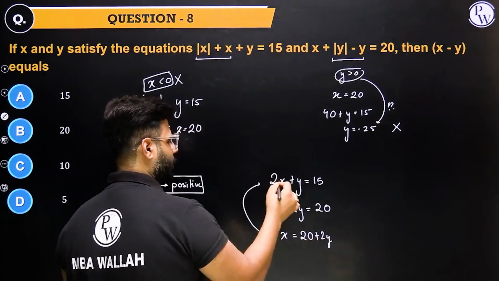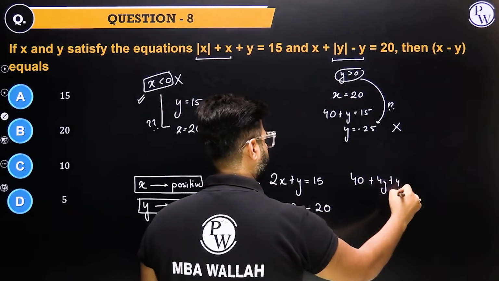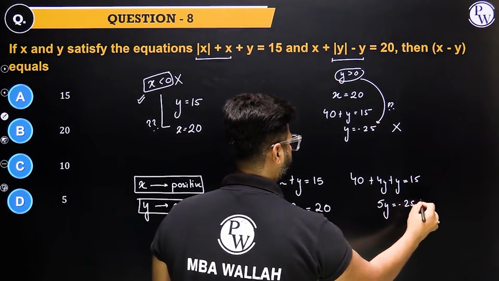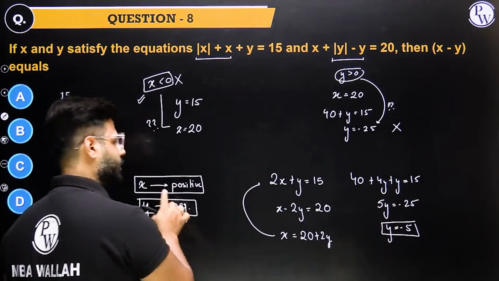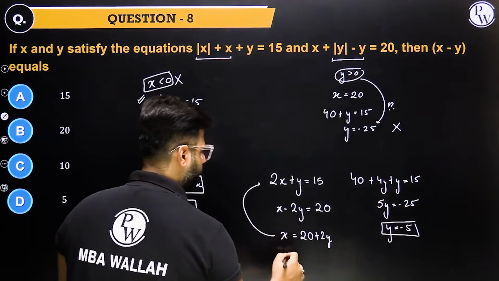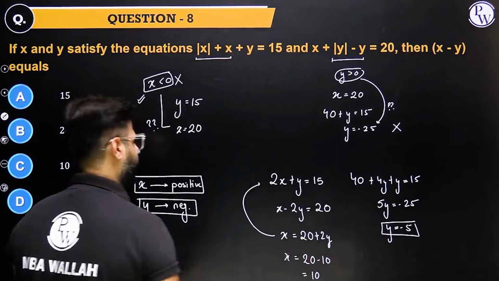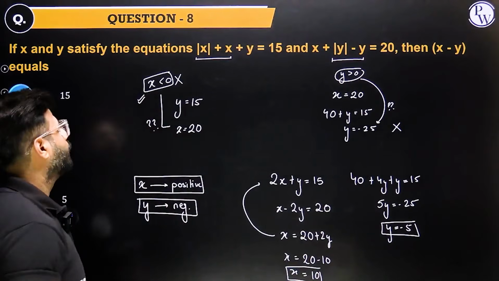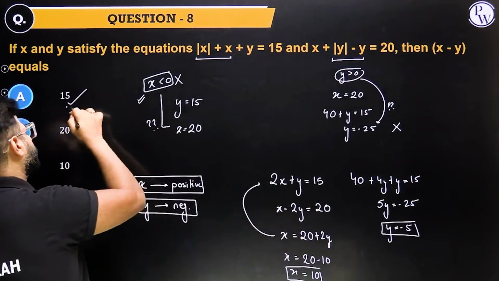Substitute it over here. 2x becomes 2 times 20 is 40, 2 times 2y is 4y, plus y equals to 15. 5y becomes minus 25, y becomes minus 5. y negative, yes. Put y over here, x becomes 20 minus 10, that's 10. x is equals to 10, a positive, yes. So x minus y, 10 minus minus 5, that's 15, option A.